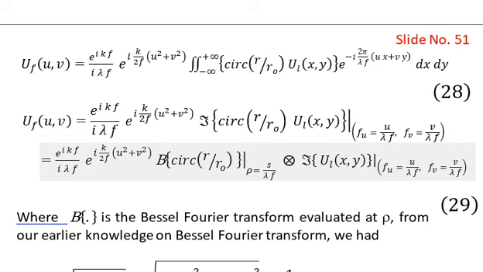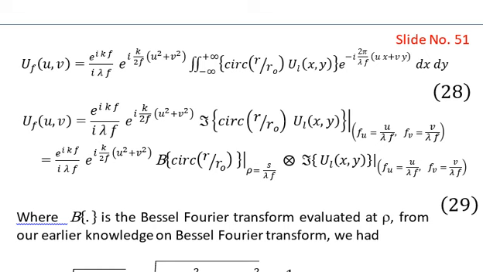With the circ function, rather than representing it with the Fourier operator tau, we have used b as the Fourier operator, which stands for the Bessel Fourier transform, because for a circularly symmetric object we transform the linear Fourier operator into the Bessel Fourier operator. So b operating on the curly bracket is the Bessel Fourier transform evaluated at rho, where rho is equal to s over lambda f, which we shall explain in greater detail next from our earlier knowledge of the Bessel Fourier transform.